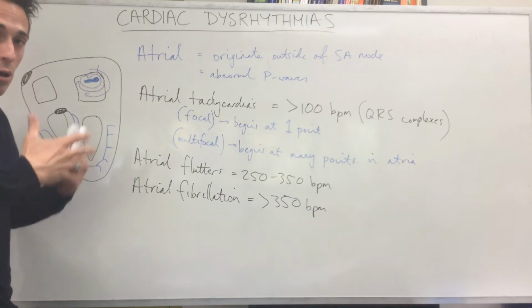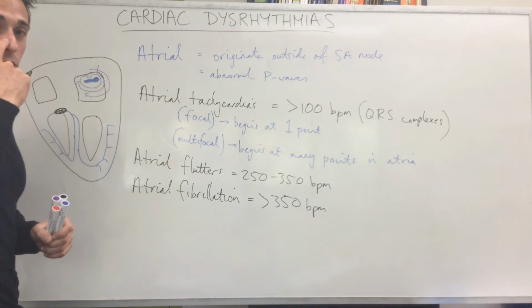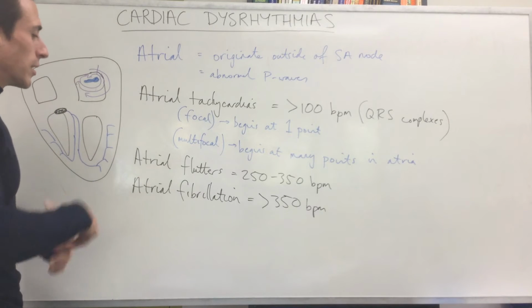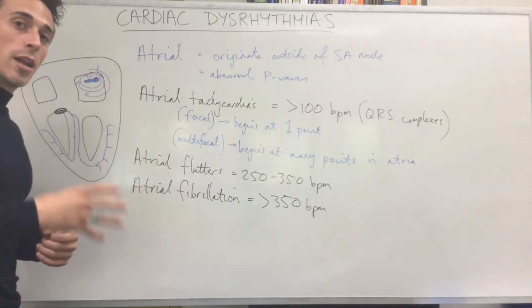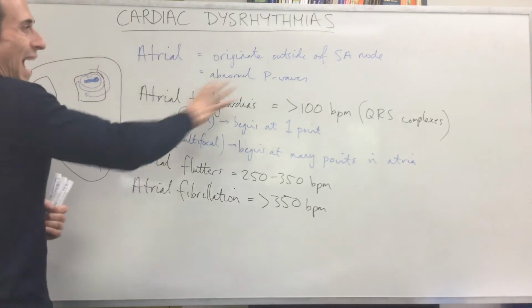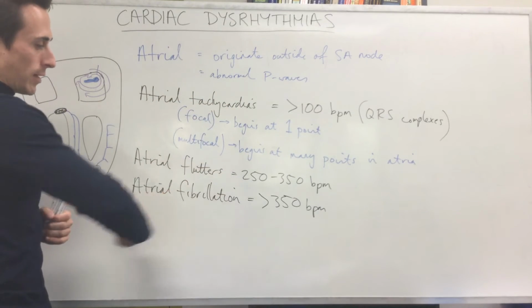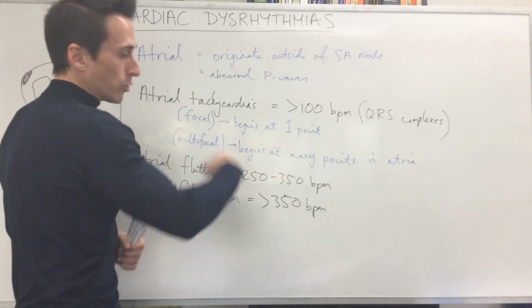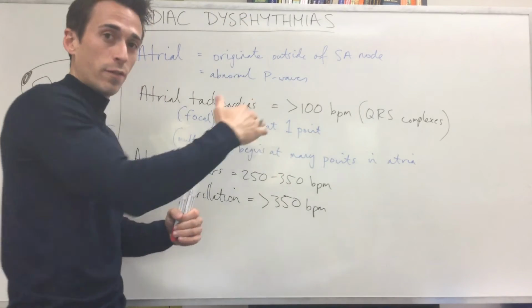Like I said, around about 170 beats per minute for the ventricular depolarization. So that's atrial fibrillation. Now again, you can have reduced cardiac output for atrial fibrillation. With these atrial events, atrial tachys, atrial flutters, atrial fibs, you see greater than 100, then it goes to the next stage, 250 to 350, then the next stage greater than 350.